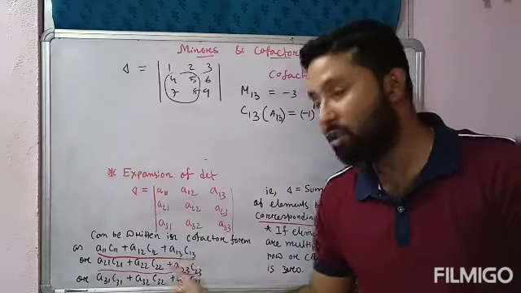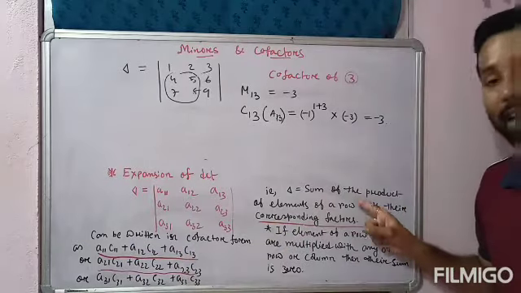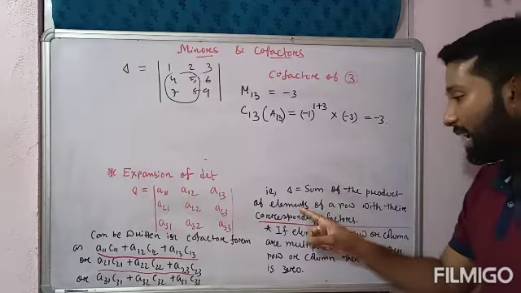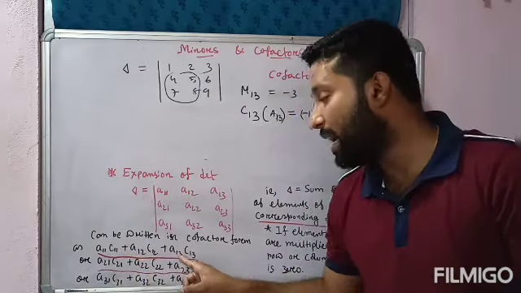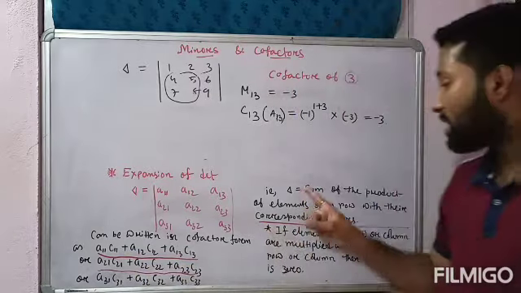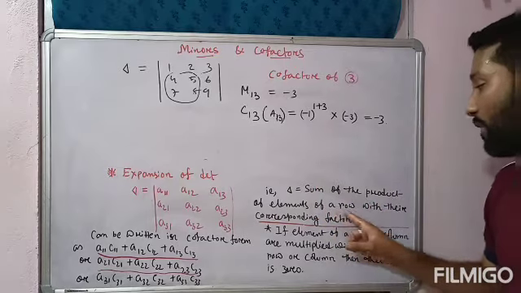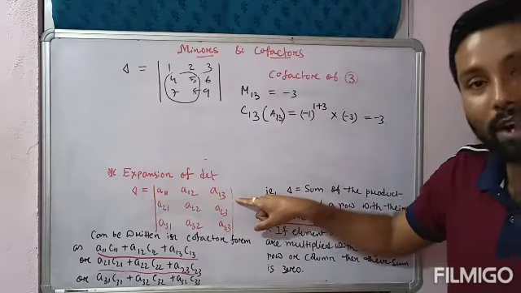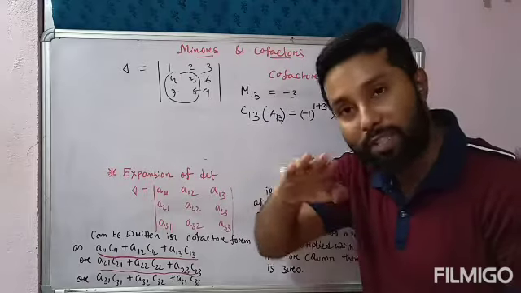That is, I wrote this in words: sum of the product of the elements A11, A12, A13. These are what? Elements. So sum of the product of the elements of a row, A11, A12, A13 are in which row? In the first row.